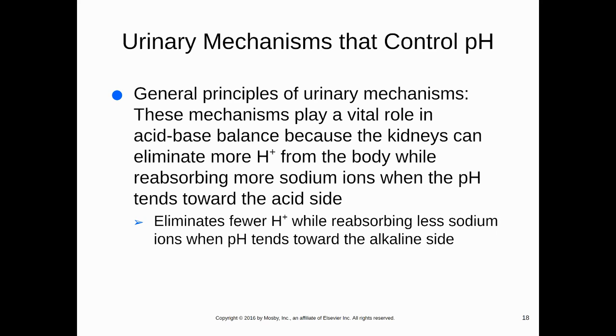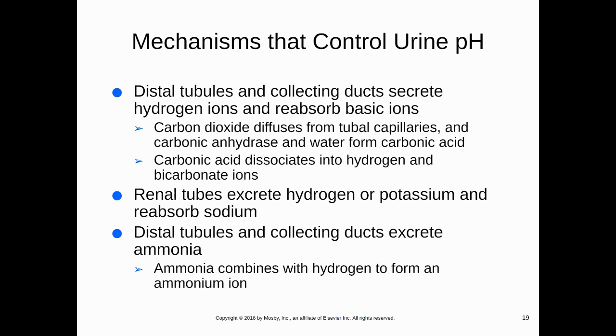Because sodium's more of an alkaline thing. So therefore, if you eliminate fewer hydrogen ions and you reabsorb fewer sodium ions, then you're going to have more of an alkaline pH. So your distal tubes and collecting tubes will secrete and reabsorb basic hydrogen ions and basic ones.